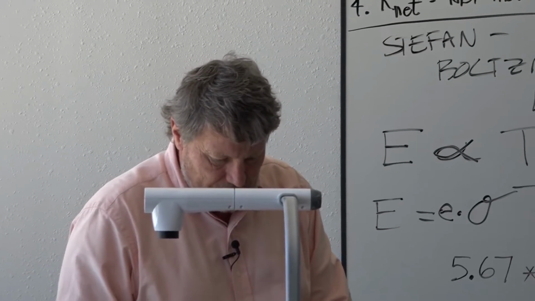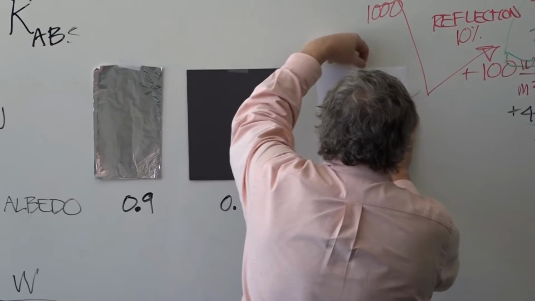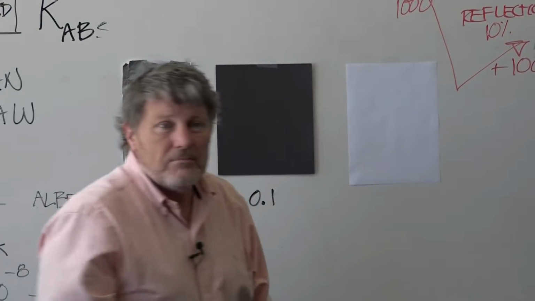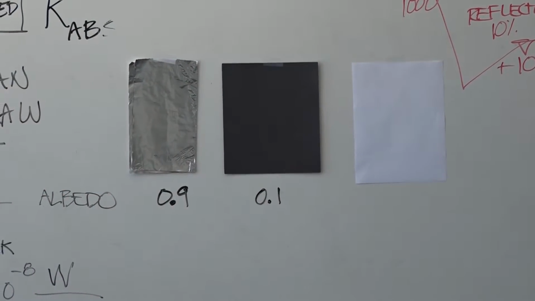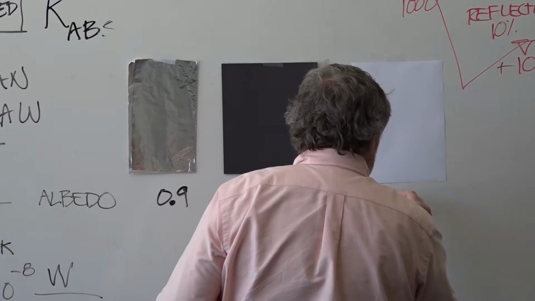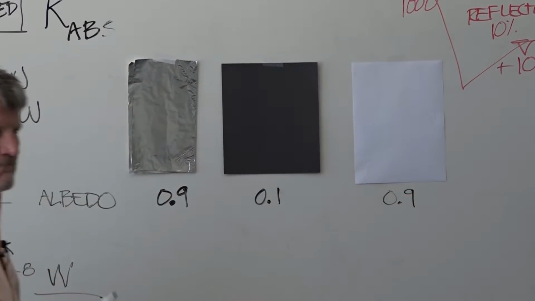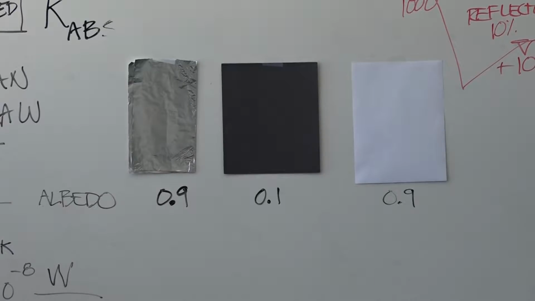So now we do white paper, and instead of drawing a square, I'm putting actual white paper up here. It's white paper. And if this was a test question, 100% people would get this right. The albedo of this is about 0.9. Plus or minus 0.05 or something for these.